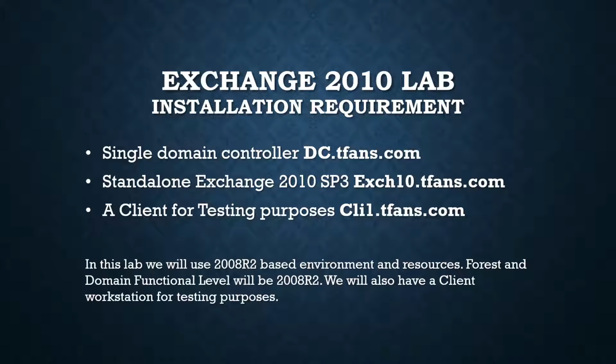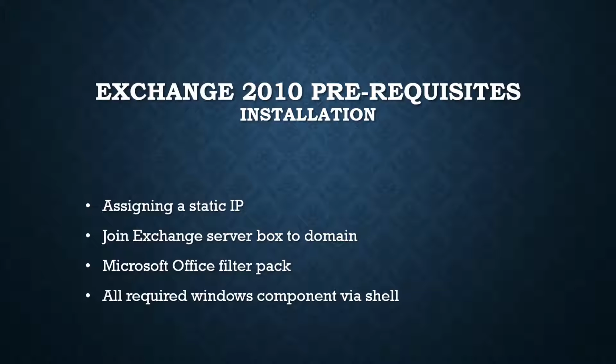Let's move on and see what all things we are going to perform before we install the Exchange server. First of all, assign a static IP to the Exchange server. This is a requirement for Exchange server. We cannot go with a dynamic IP address on the Exchange server.